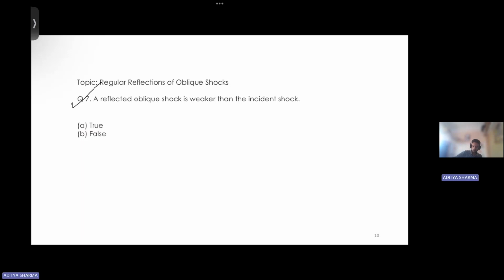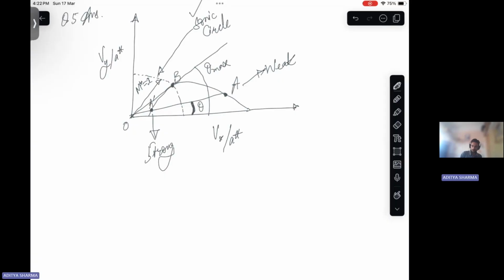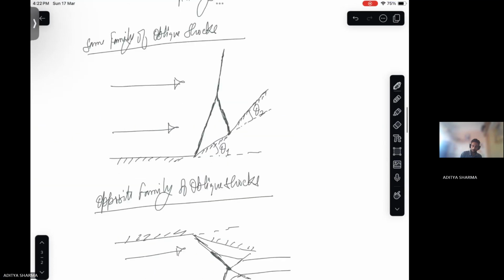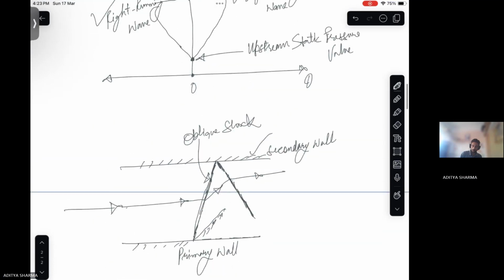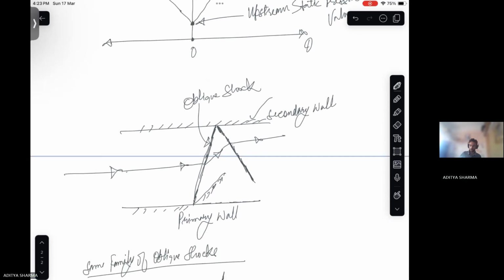So if I draw this, or let's look into the already drawn diagram. Here this is the primary wall we have, then there we have the secondary wall, right?